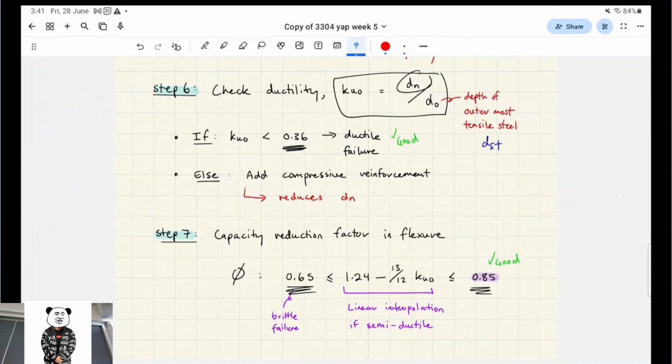And so this equation is simply a check of that ratio, just checking how much the steel actually affects that failure mode, I guess. To be honest, I don't know how they derived it, the dn over do, but it's just in the standards.